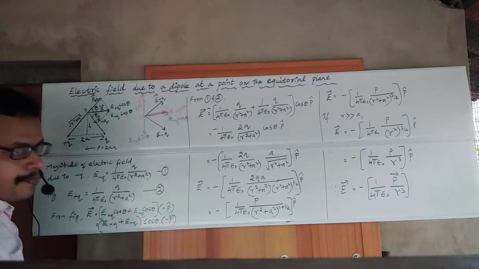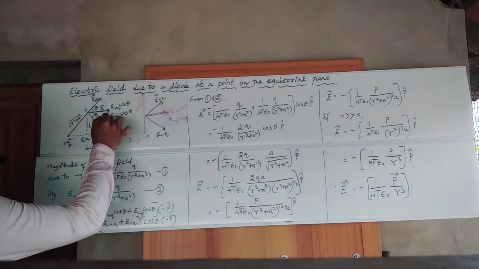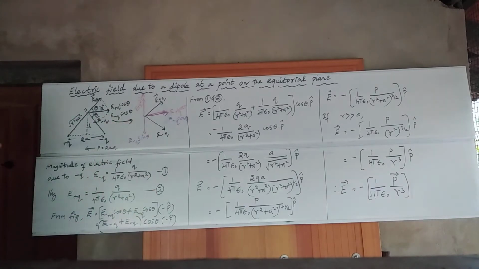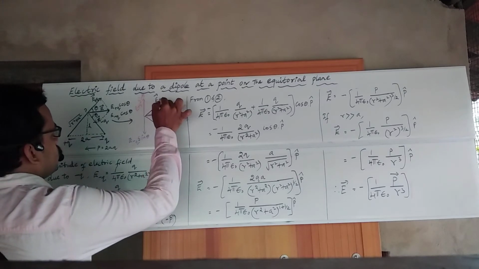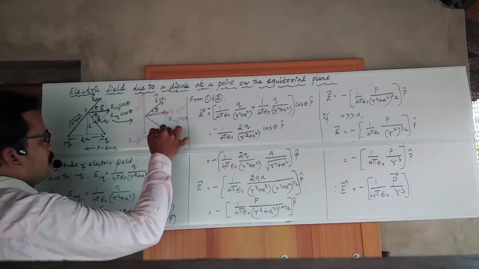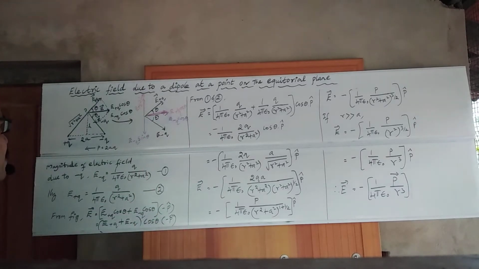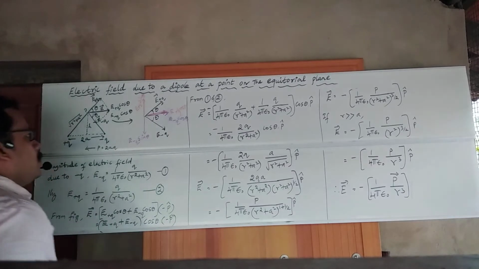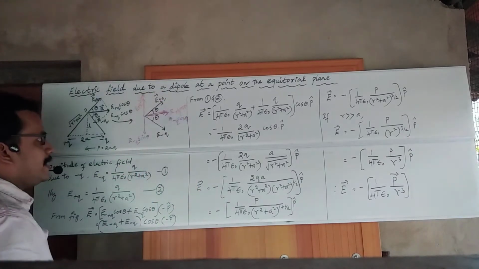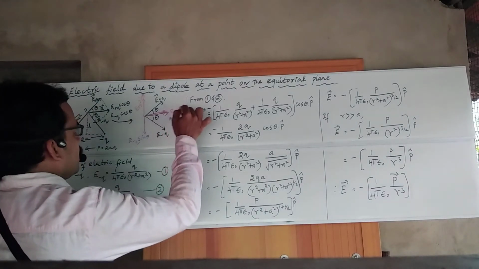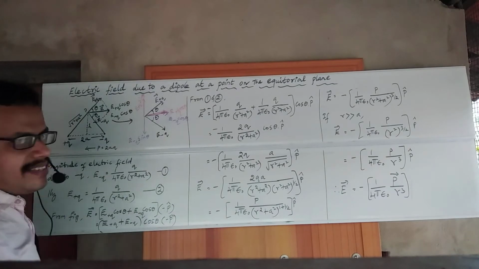Why is it so? The reason is, you can see another diagram here, the enlargement of this only. So this angle is theta. This is the direction of E plus q. This is the direction of E minus q. So this is also theta. If I split this vector E plus q into two components, horizontal and vertical, the horizontal component is E plus q cos theta and the vertical component is E plus q sin theta.